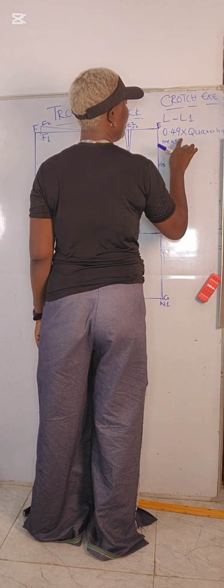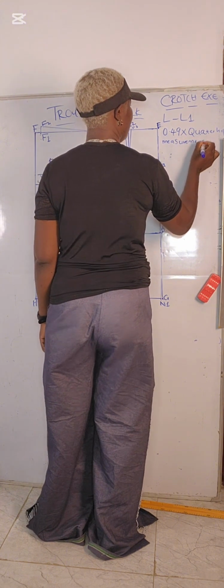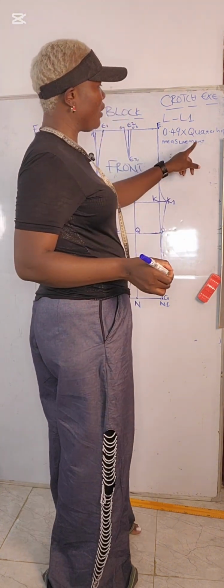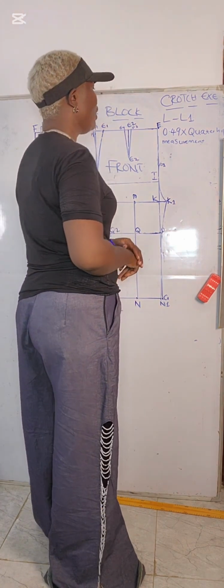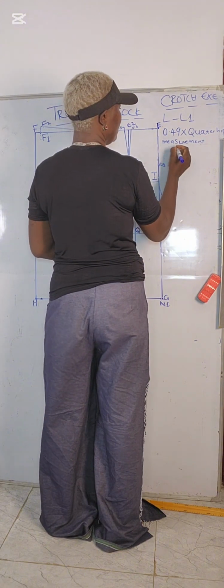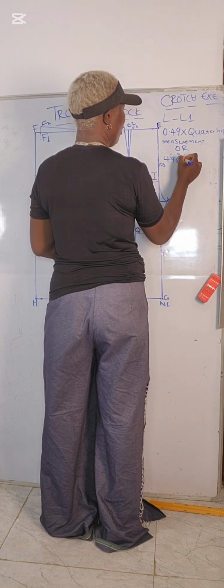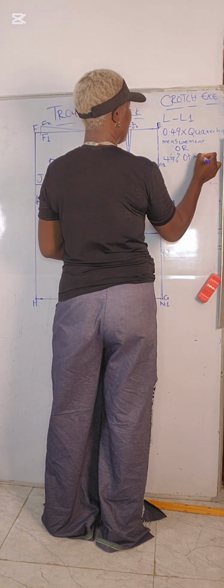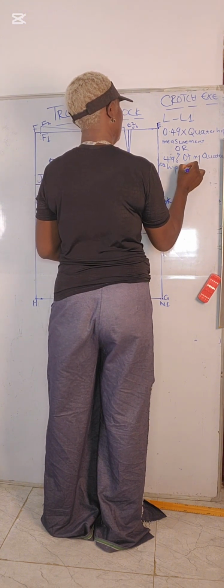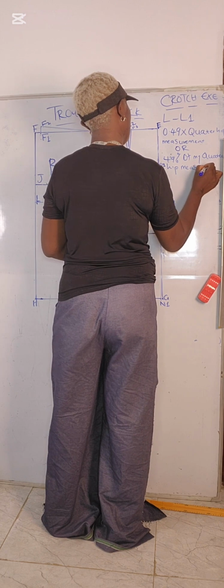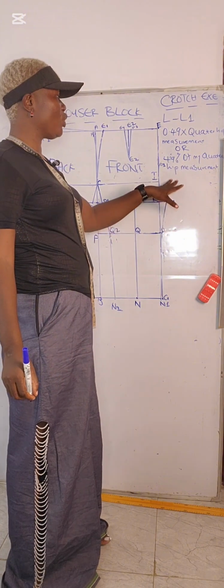So this is how you input it on your calculator. You input it like this: 0.49 times my quarter hip measurement, or 49% of my quarter hip measurement.